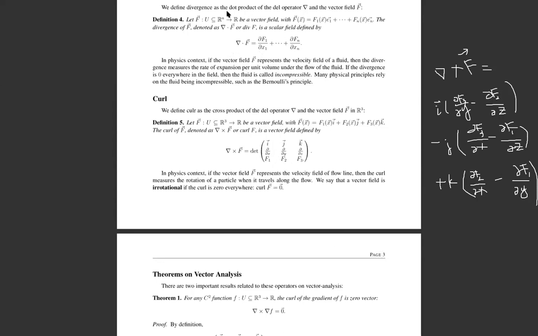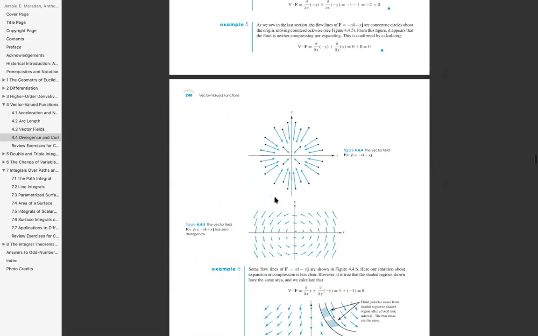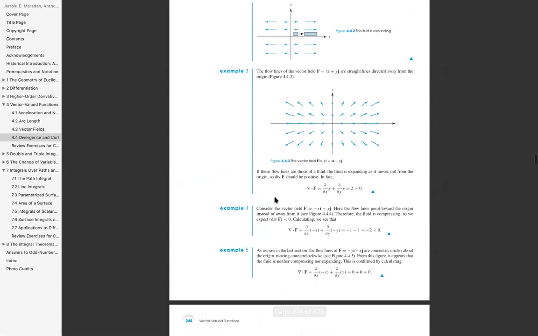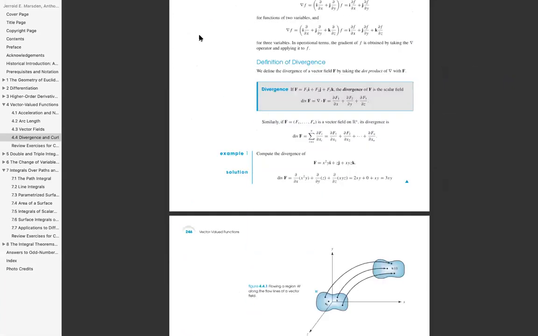Okay, so for example, if this is the vector field we did before, again your f1 is x squared y, f2 is z, and f3 is xyz.